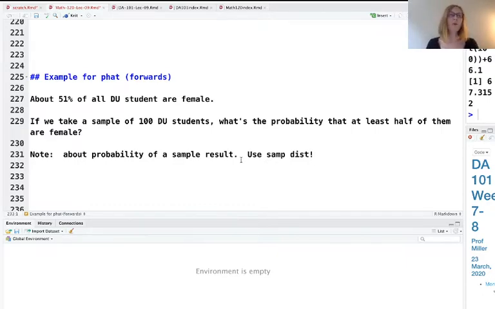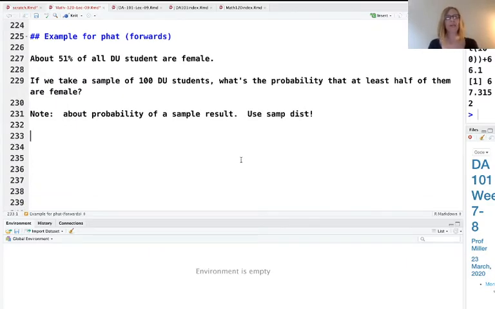All right, well, let's get some of the important information down here. What do these numbers tell us? It says about 51% of all Denison students are female. That's the population proportion. Think in your head, what's the mathematical symbol for the population proportion? Jeopardy theme song is playing. Or you can pause and think about it for as long as you want to.